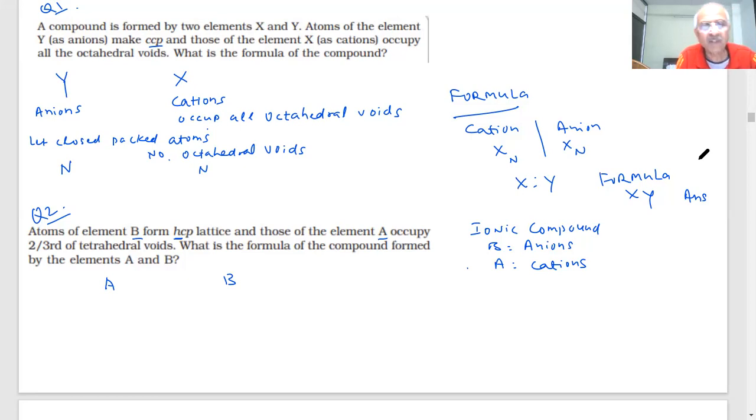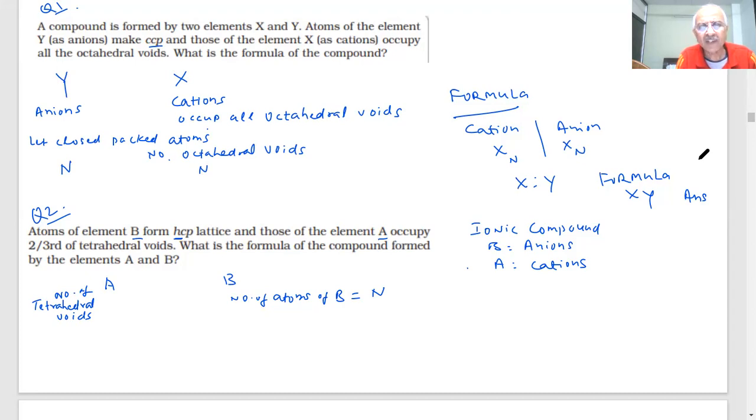If the number of atoms of element B is n, how many tetrahedral voids will be there? We have already given you the formula.